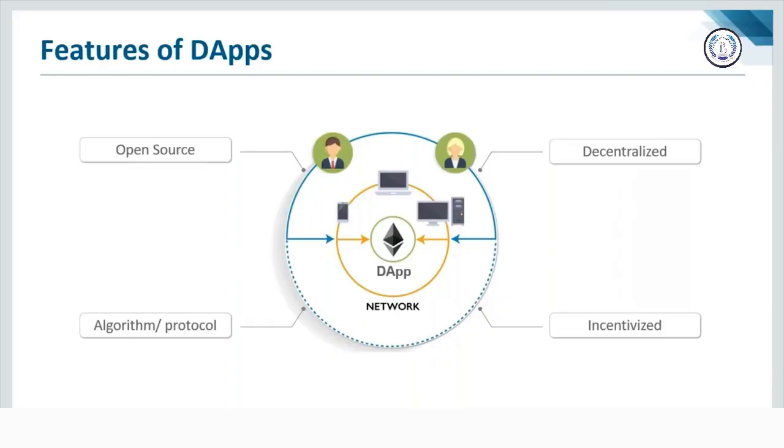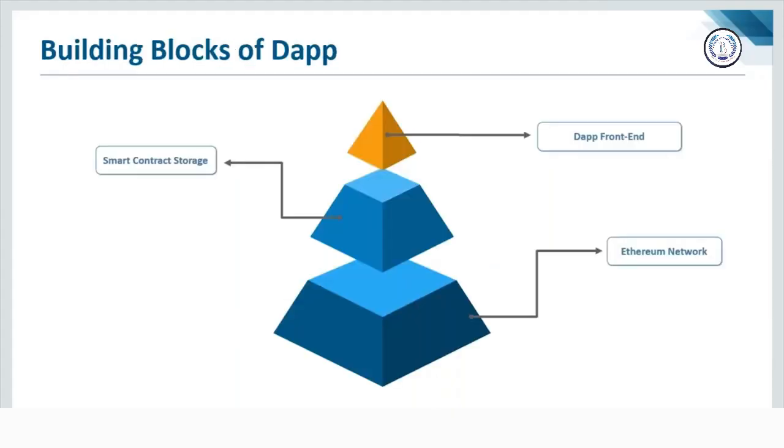Okay, so now let's discuss the building blocks of a decentralized application. On a macro level, a decentralized application is built using three major components, namely the Ethereum network, smart contracts, and the web frontend. Basically, a smart contract is written in Solidity or any other equivalent language which can be compiled to Ethereum's bytecode, which is called EVM bytecode.